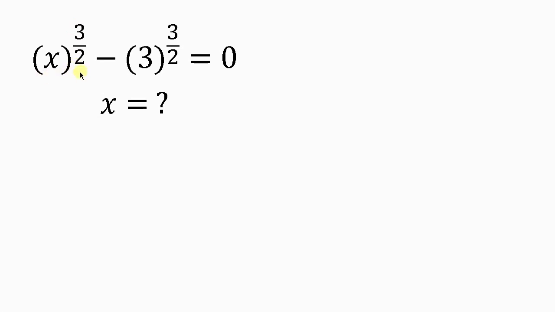So this expression now becomes x to the 3 over 2 is same as 1 over 2 times 3, minus 3 to the 3 over 2 is same as 1 over 2 times 3. And this is equal to 0.